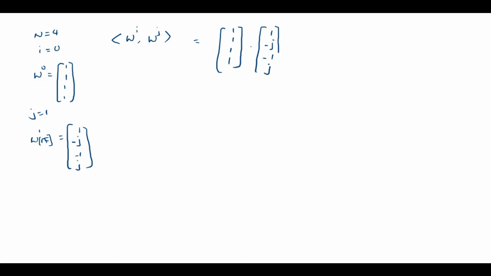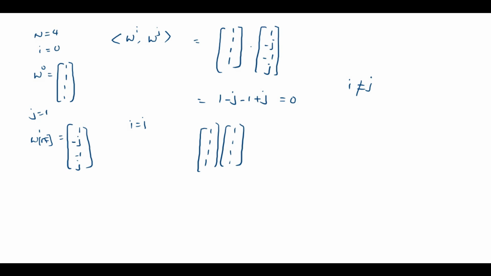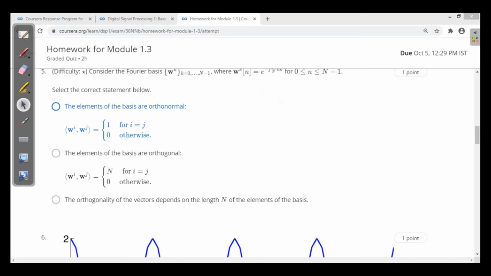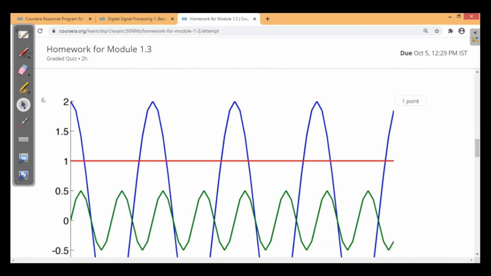You know the inner product is nothing but the sum of products, that is 1 minus j minus 1 plus j. Its value is 0 where i is not equal to j. Let us say i is equal to j, so both are 1 1 1 1 and again 1 1 1 1. So the answer is 4, which is equal to the capital N. So for i equal to j, the inner product is capital N, otherwise it is 0. That is the second one.